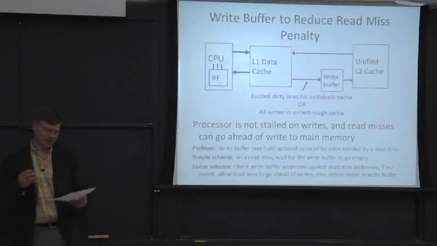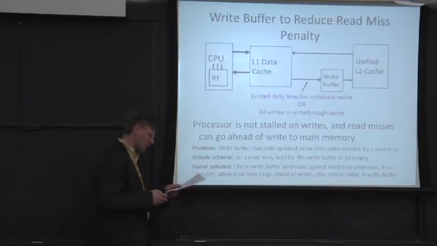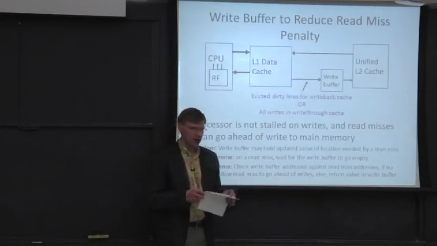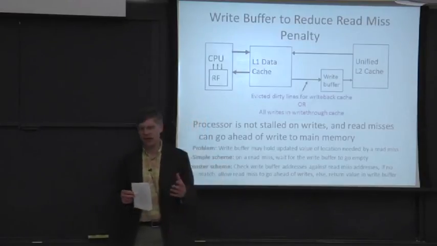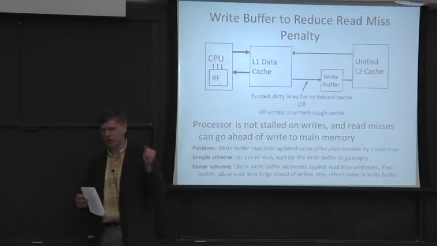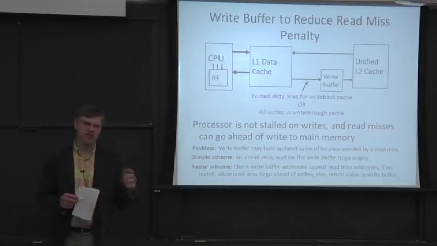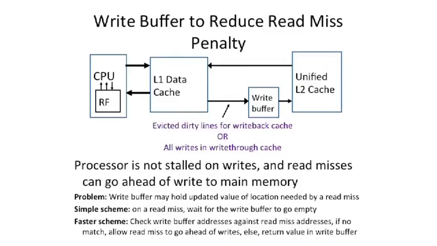OK, so the next optimization we're going to look at is how to deal with read misses in the cache that have some data there that needs to get kicked out of the cache.